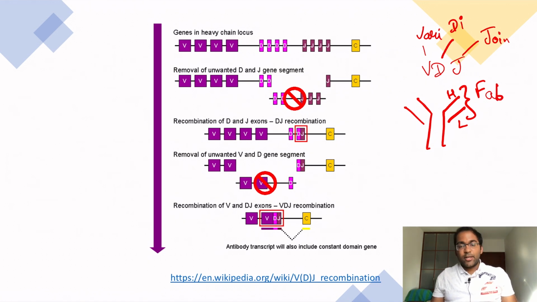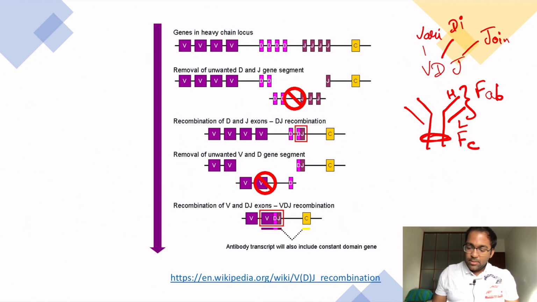F stands for fragment and AB stands for antigen binding. This structure here is named the FC portion. C stands for constant here. When we are talking about VDJ recombination genes and the process, we are basically talking about the FAB region. Here we are trying to make diverse FAB portions of the antibody.